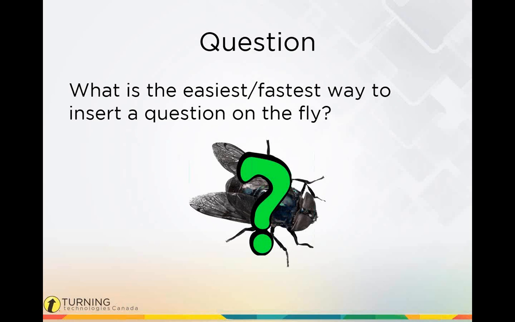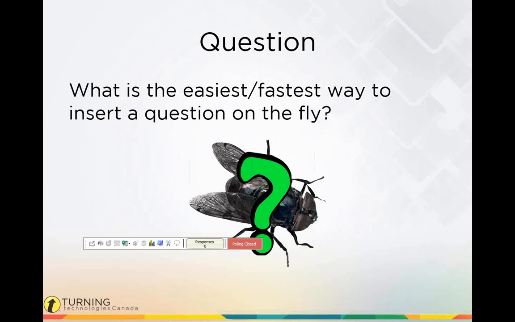Question on the fly. This is always a good one. So one of the questions I received was, how can I create a question on the fly if I'm doing a session where there's group discussion going on, and maybe based on that group discussion, there's been 4 or 5 points that have come out, and I want to poll the audience on them, and I don't have a question that was pre-built ready to go.